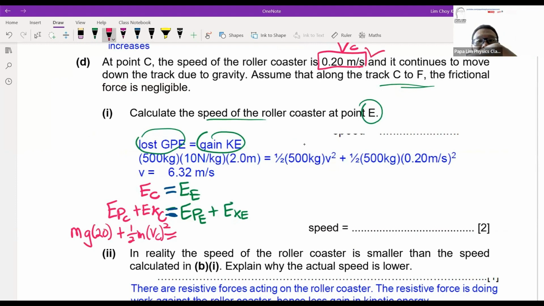VC squared, remember, is here. Then for the potential energy at E, it is mg times 18 meters, plus your kinetic energy, which will be half m times the velocity at E, which you are supposed to find, squared. Now you have all the numbers here, so you can look at it mathematically.